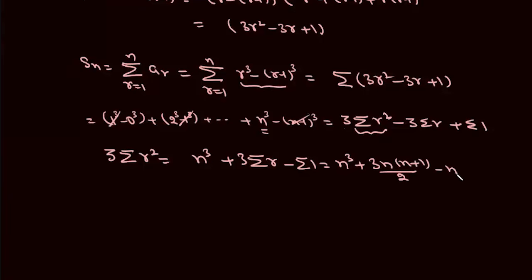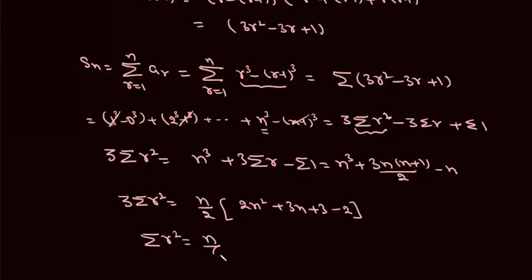And this is simply n. So this is 3 times summation r square. We'll take n by 2 common. So it'll be 2n square plus 3n plus 3 minus 2, or this summation r square is n by 6, 2n square plus 3n plus 1.